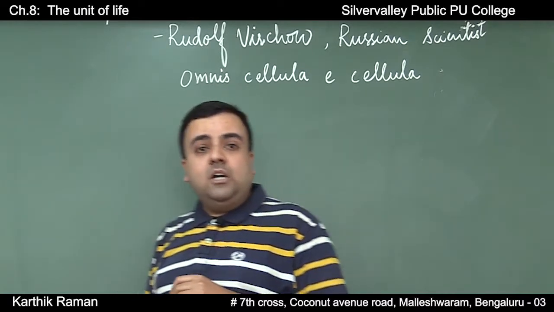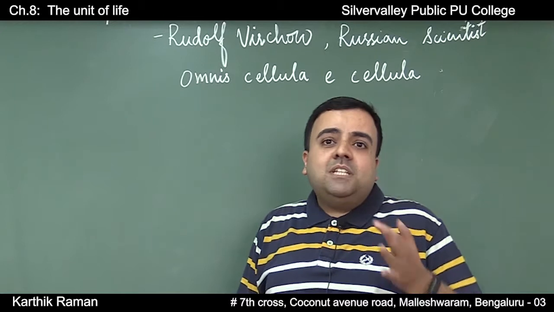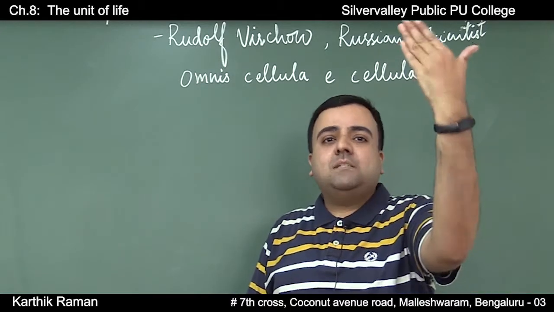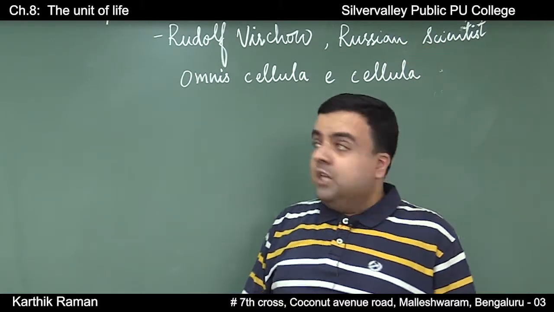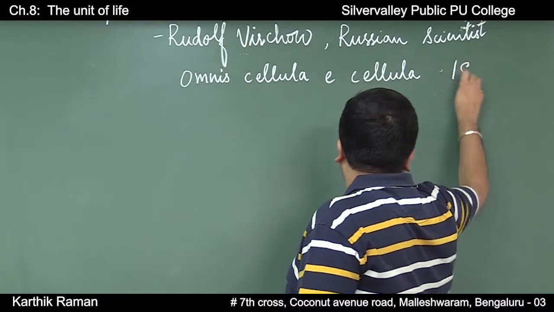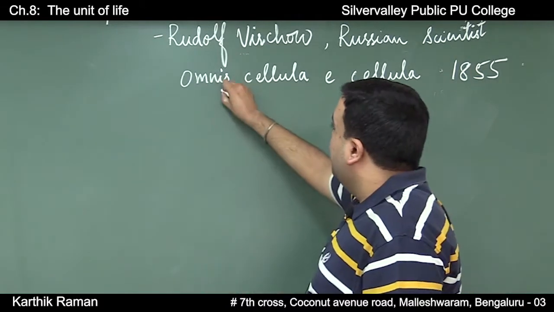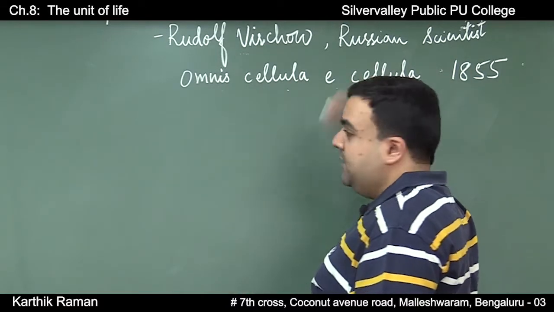Now the question was, how is it that there are so many cells in the body, and how is it that the dead and worn out cells are replaced by new ones? That was explained by Rudolf Virchow in the year 1855. He proposed what is known as omnis cellula e cellula.